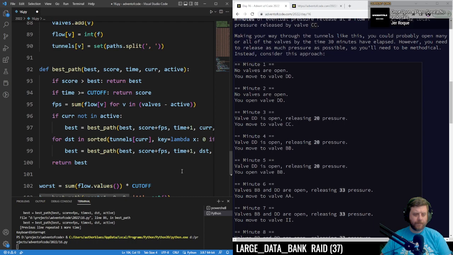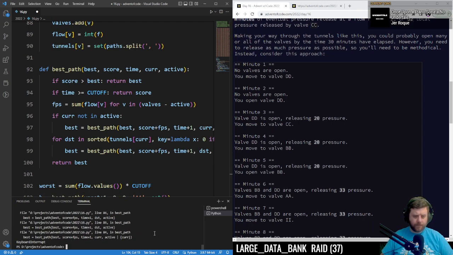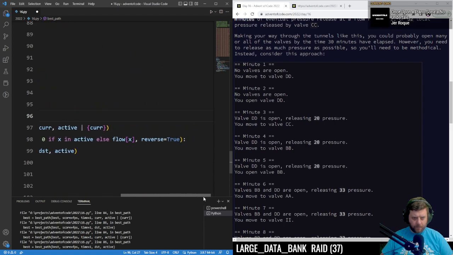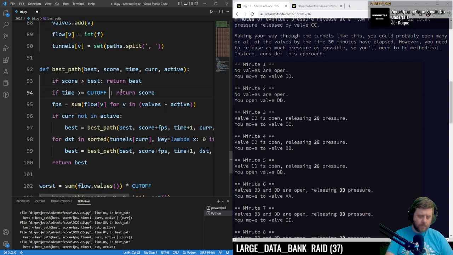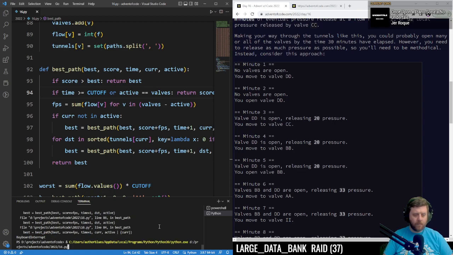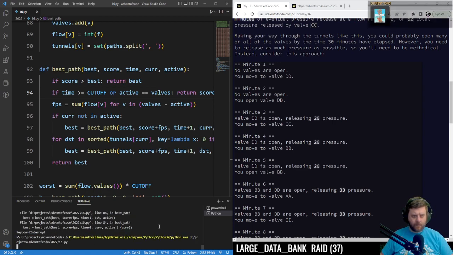Gilder and Ubergoose. Trying to think if there's some way that I can get it to find a solution that flips all the valves early, right?